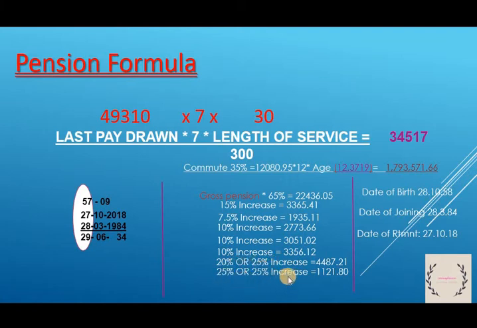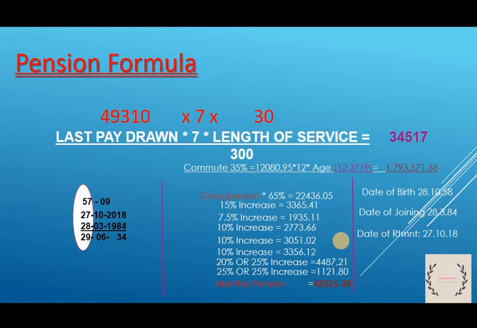It's 25% increase allowed in 2017. It is also calculated with the 20 or 25% medical increase. So by adding all these sums into one, we will get eventually 42,526.38 as monthly pension.